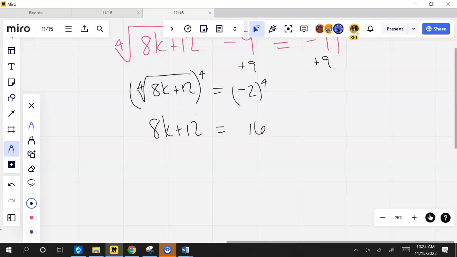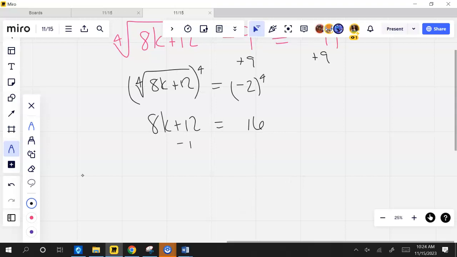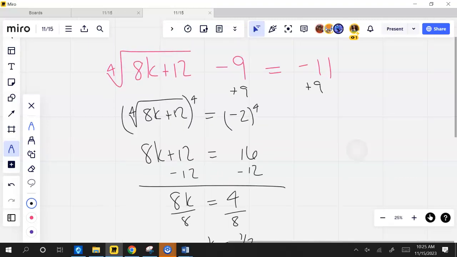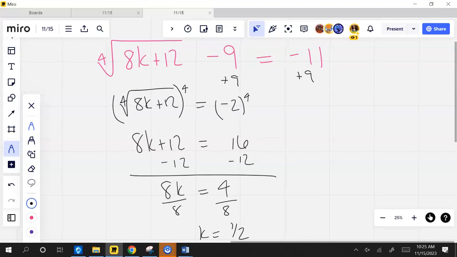See, that's what I did. 16. Okay, so yours, whenever you do it, you're going to have to put parentheses in it, because it's what stays in the parentheses, so that all of it stays under the parentheses.